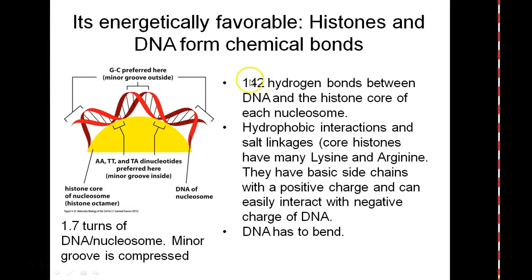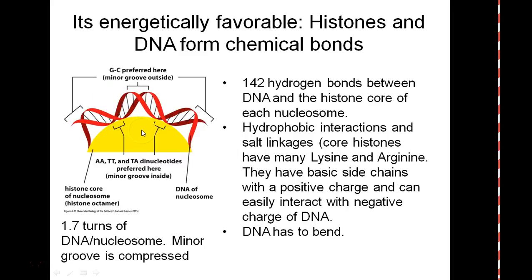There are also about 142 hydrogen bonds that form between the DNA and the histone core of each nucleosome. And there are also hydrophobic interactions and salt linkages. So there are a variety of different interactions between the core histones, which are rich in lysine and arginine residues, which have basic side chains and positive charge.